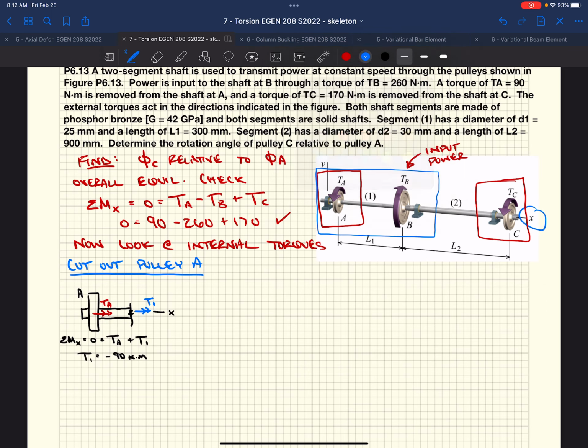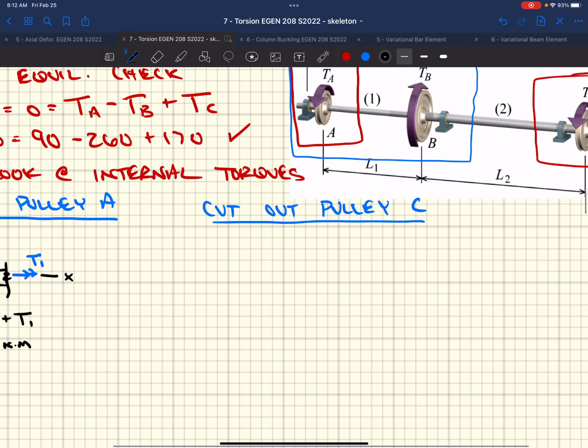So we're going to cut out pulley C now. What does that look like? Well, very similar to our pulley A free body diagram.